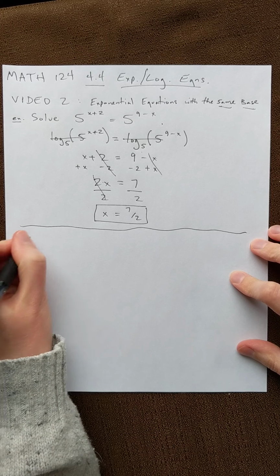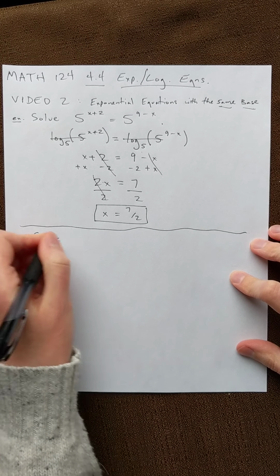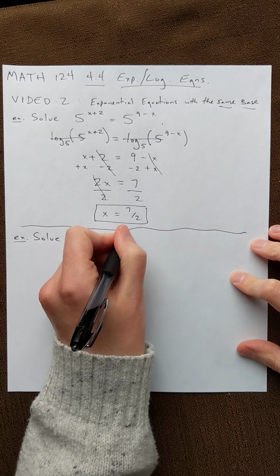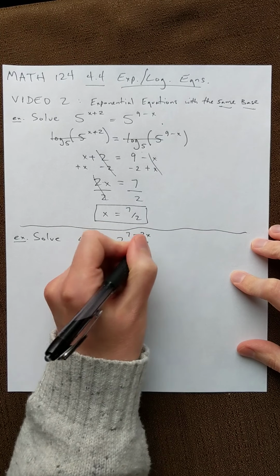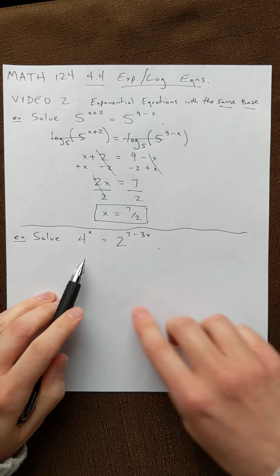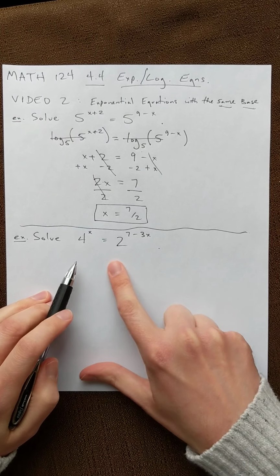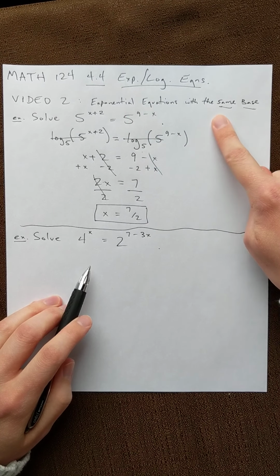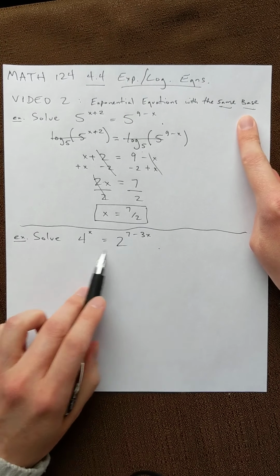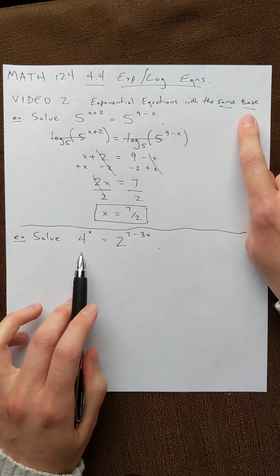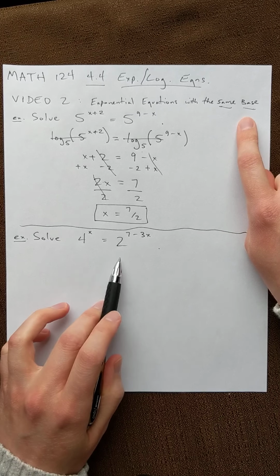So let's try and solve 4 to the power x is equal to 2 to the power 7 minus 3x. Okay, at this point you might be feeling a little cheated, because the whole topic, the header of the video was exponential equations with the same base, but see, obviously they have different bases. Turns out that's not a big deal, because they're both still powers of 2.